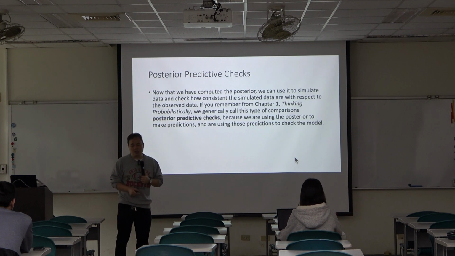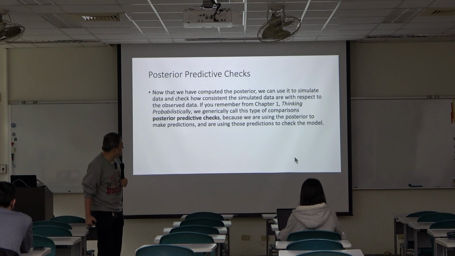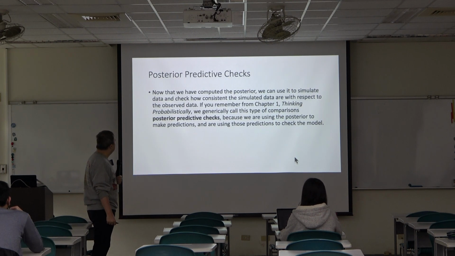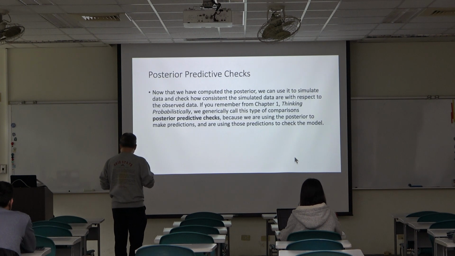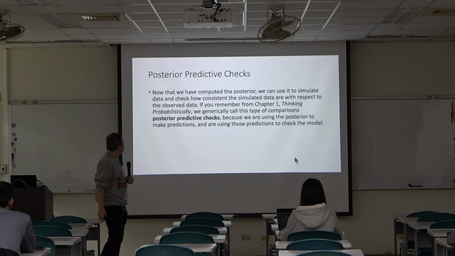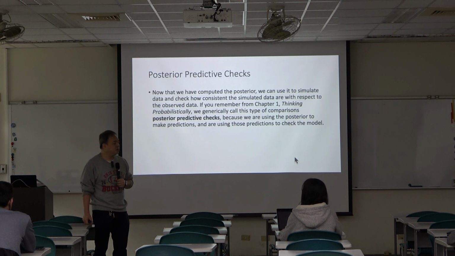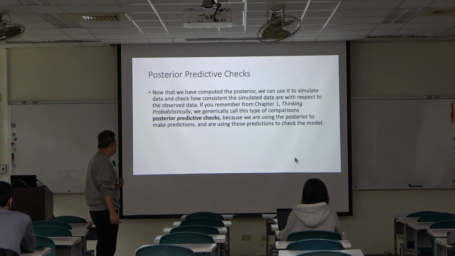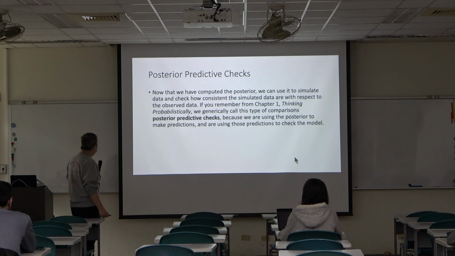We learned how to critique the result at the end of the last chapter. If you still remember, we call that the posterior predictive check, and we only talked about the concept. We really didn't offer an example at that time because, to really do posterior predictive checks, we need a program, we need a computer to help. But now, in this chapter, since we know PyMC3, we are able to do this.